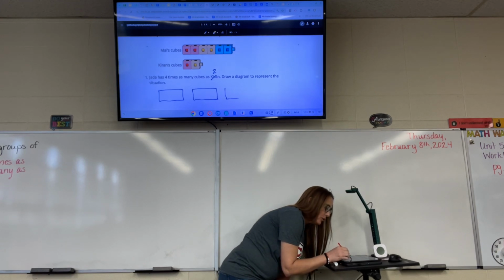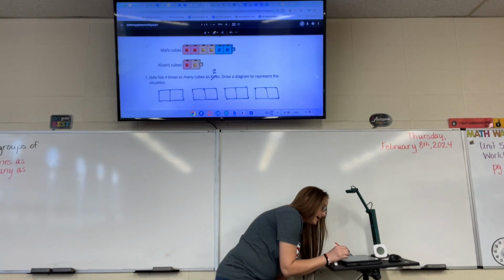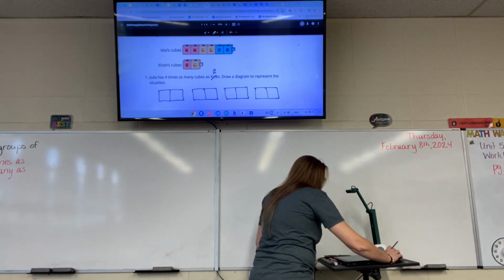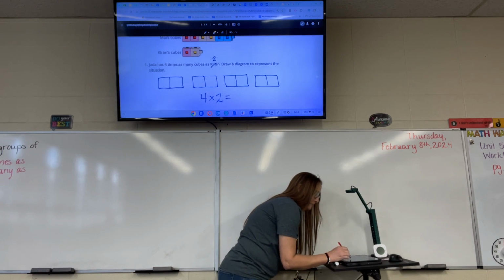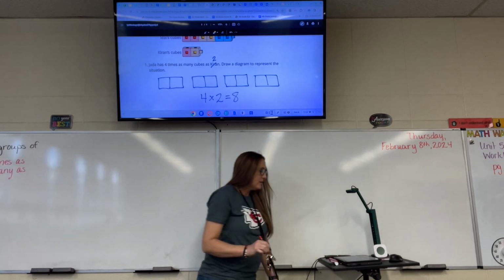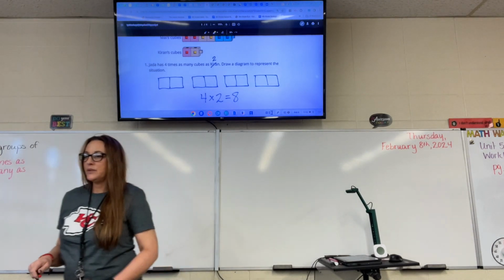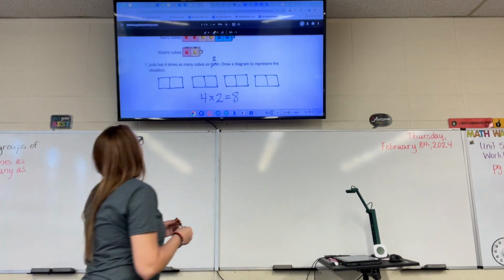We're going to do 4 groups. And each of those groups is going to look like Kieran's in that it's going to have 2 blocks. Okay? And so the equation that would go with this would be 4 groups of 2 equals what? 8. Okay? So Jada has 8 blocks. Okay, did you guys get that written down?